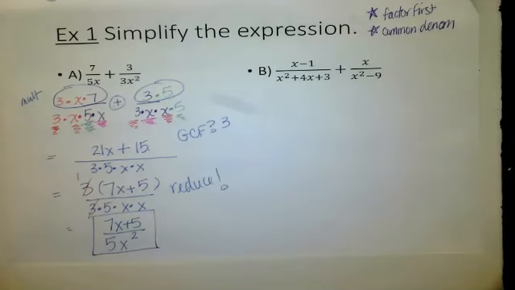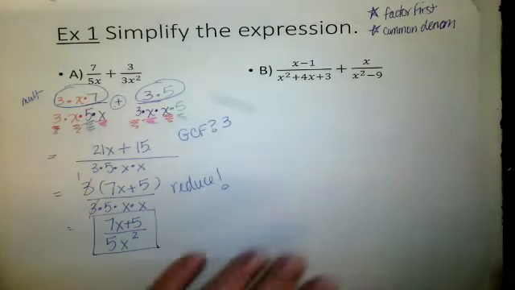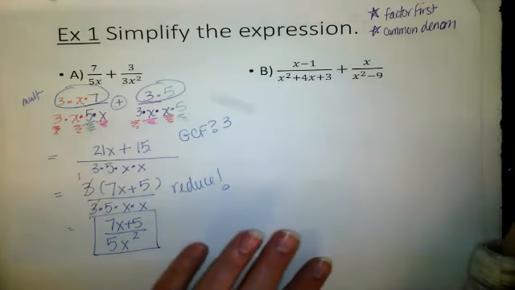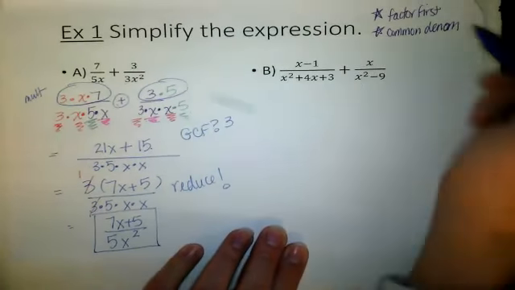Okay, letter B is probably the most difficult one of the day, but what's the phrase of the week here? Factor first, factor first. We want to factor denominators if we can.